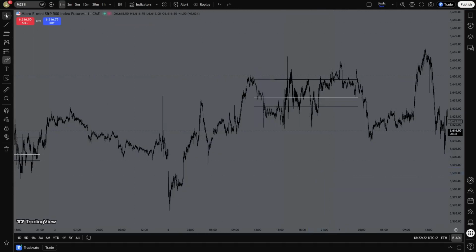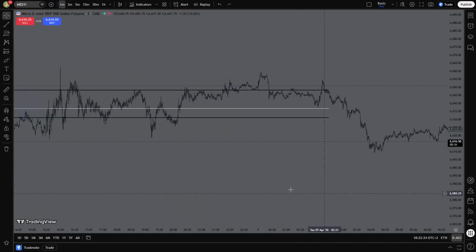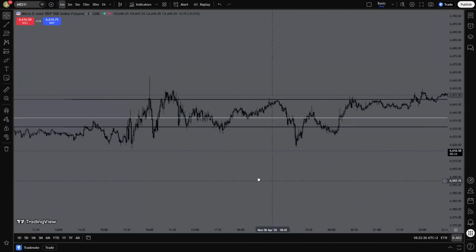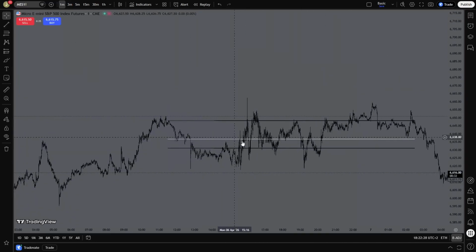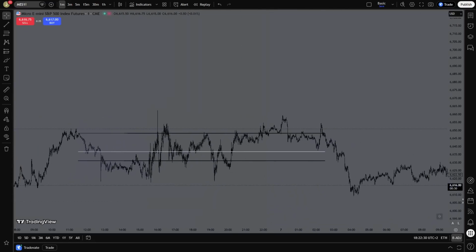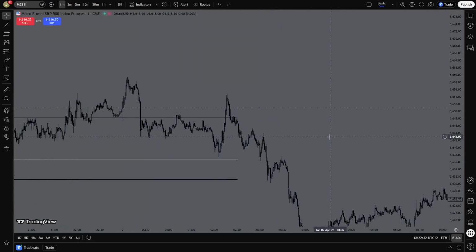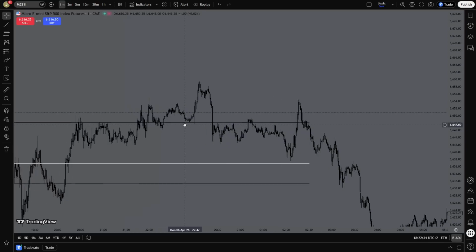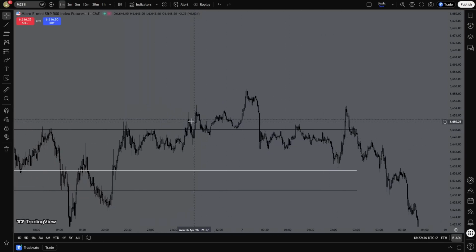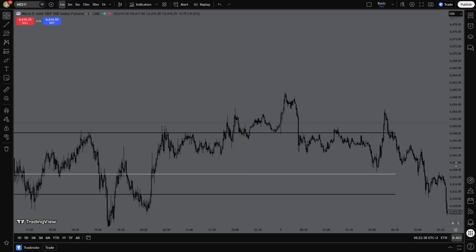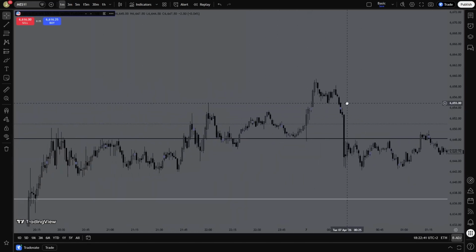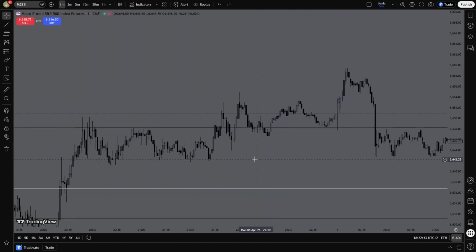So another thing, when price exits your zone, for example, like here, you see this, what you can tell by that: sellers didn't accept this price anymore.